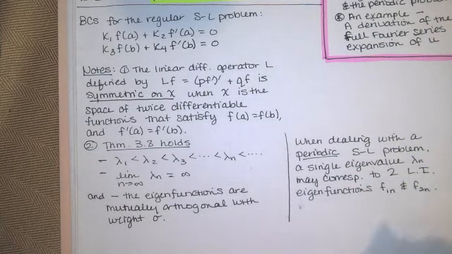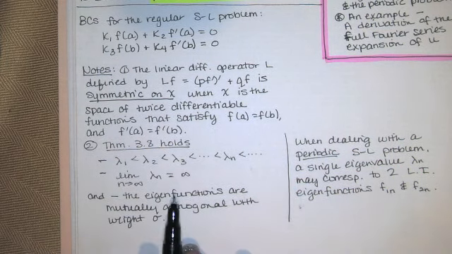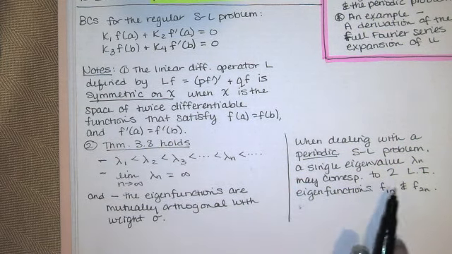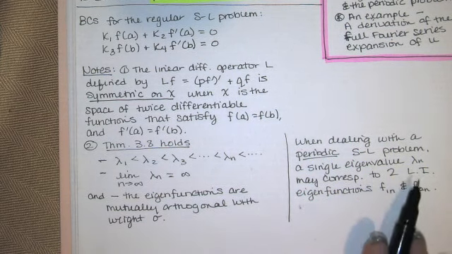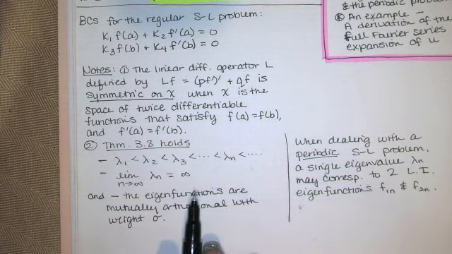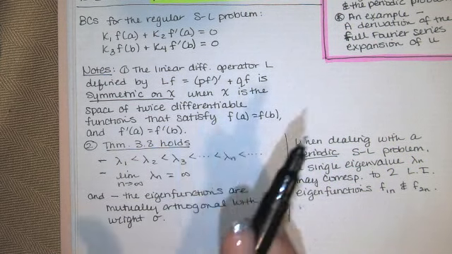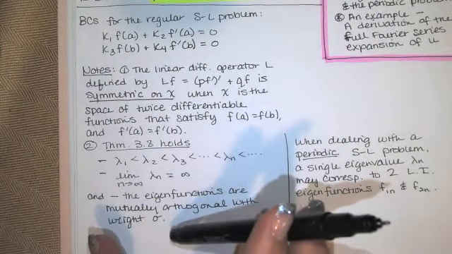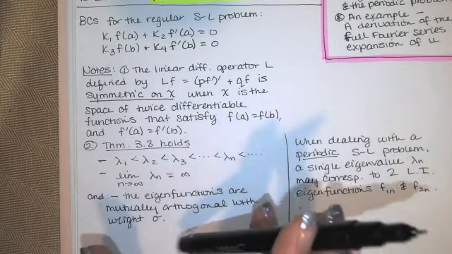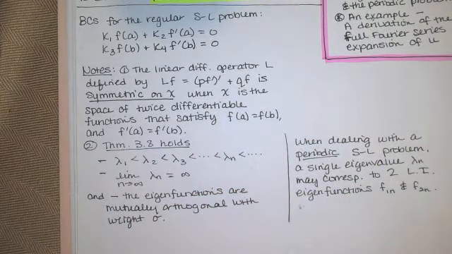So given that choice, we're still going to be able to construct eigenfunction expansions or a generalized Fourier series for a particular piecewise smooth function U using our orthogonal functions. It's just because we've got possibly two eigenfunctions for a single eigenvalue, we can't just say that this set of eigenfunctions is orthogonal, because we actually have two sets of eigenfunctions.